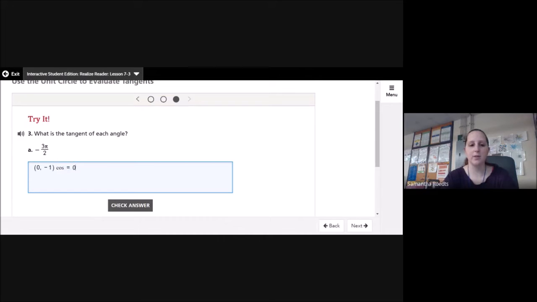So cosine equals 0, sine equals negative 1. Tangent is opposite over adjacent, which is y over x, which would give me negative 1 over 0. This means that tangent of negative 3 pi over 2 is undefined because I can't divide by 0.